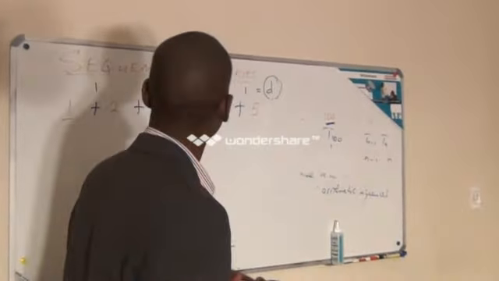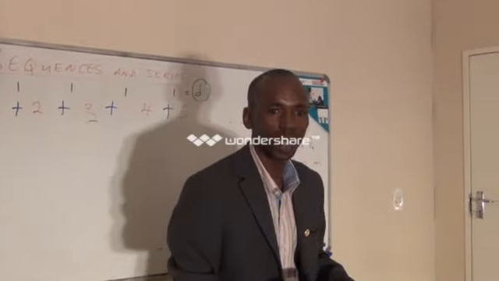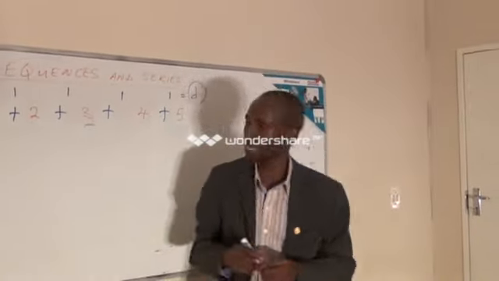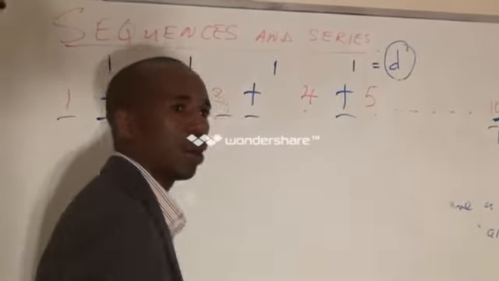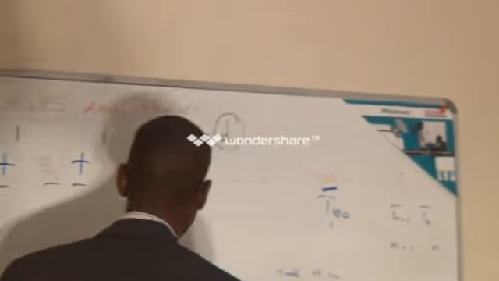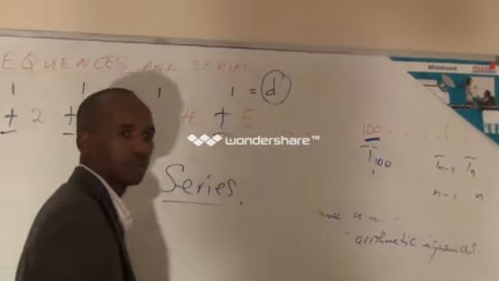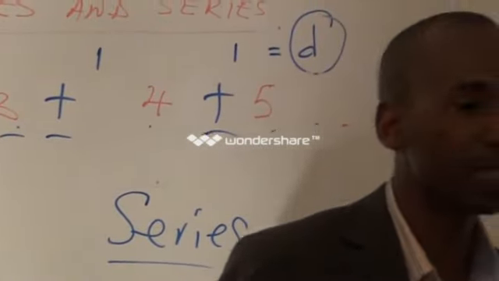Instead of just looking at that as a simple sequence, I want you to be adding the terms. Once we start having an operation such as adding terms or subtracting terms, it's not a sequence anymore. We call that a series.